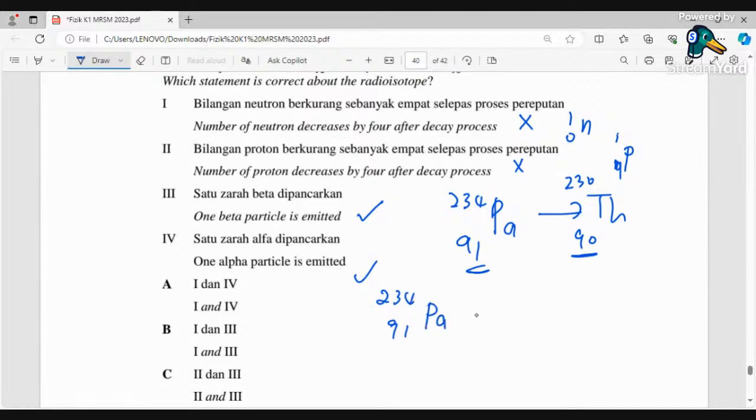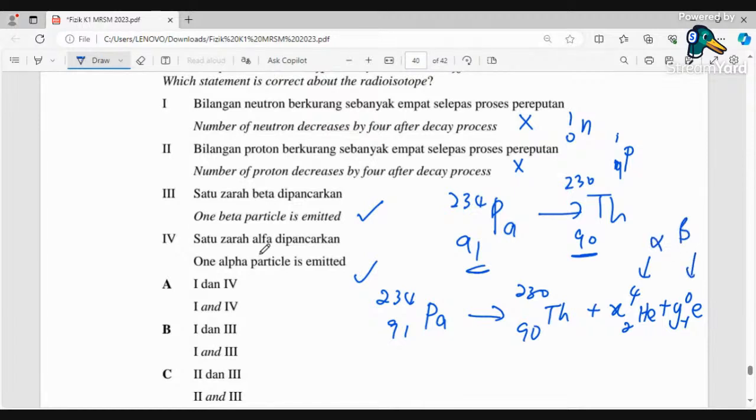We can make a formula like this. Because you don't know how many alpha, how many beta. Ini alpha, ini beta. Okay?